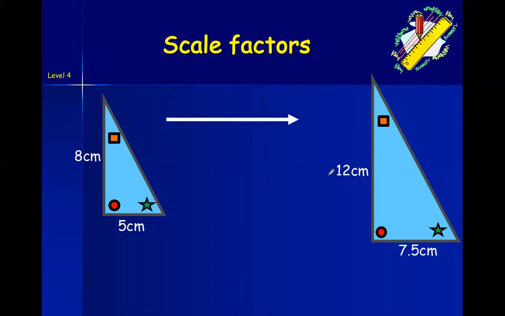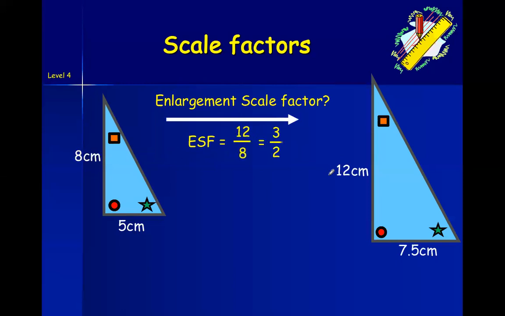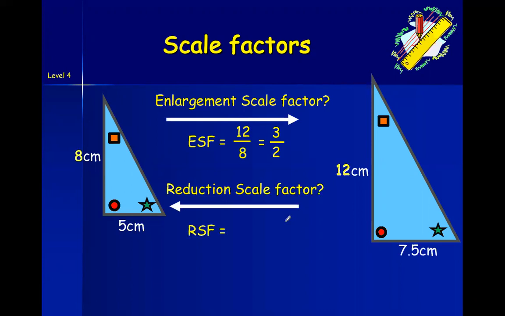So here it's going to be 12 divided by 8. You just pick the bigger side divided by the smaller side, which is 1.5. Whereas the other way around, you can just take the enlargement scaling factor and flip it around. So that'd be 2/3. It's called the reducing scaling factor, 8/12. So you go from the big to the small one, and that's 2/3.